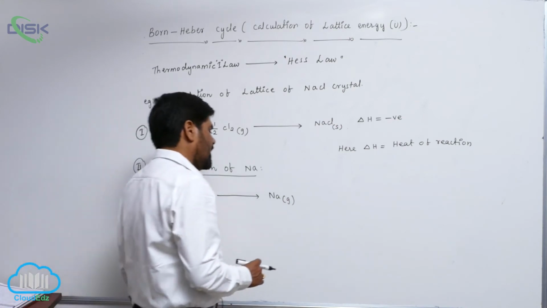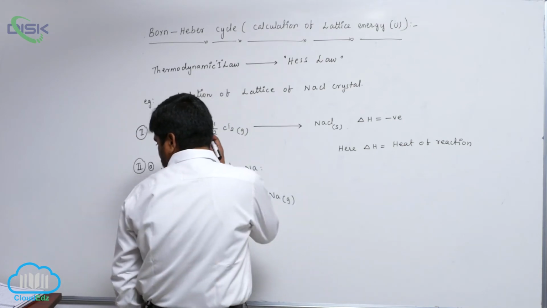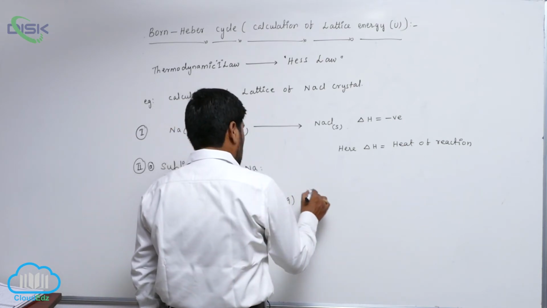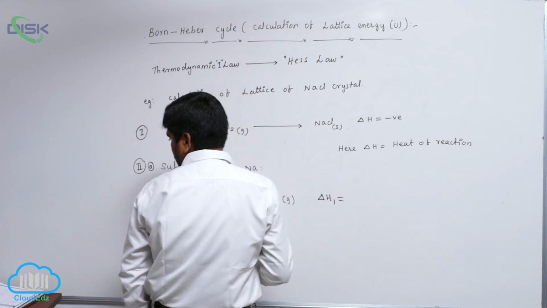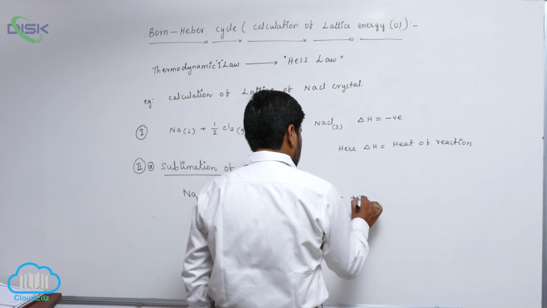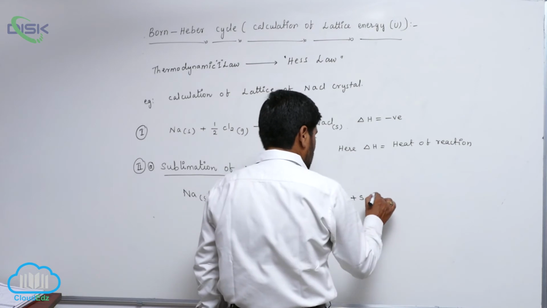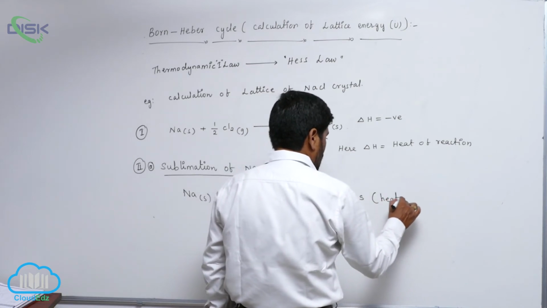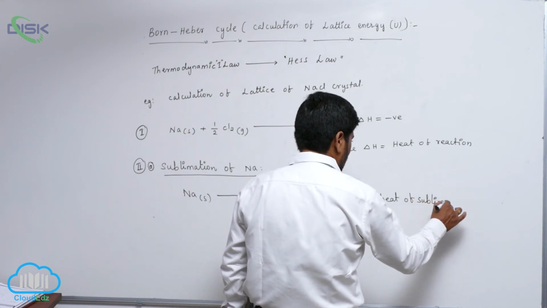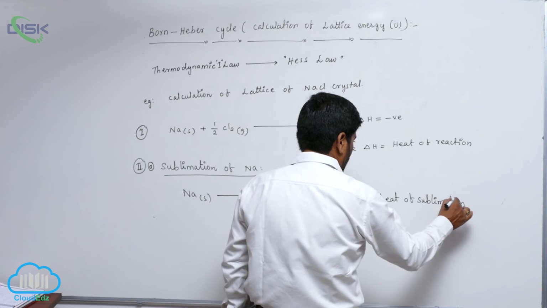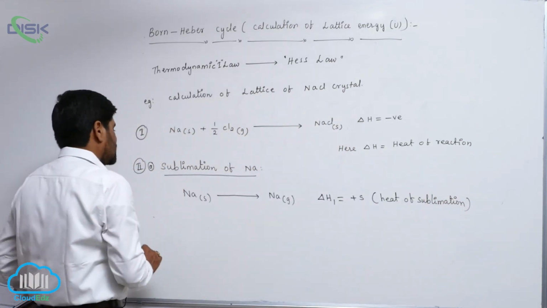So that is the reason why delta H1 equals positive, plus S. This is known as heat of sublimation. That is the first step.